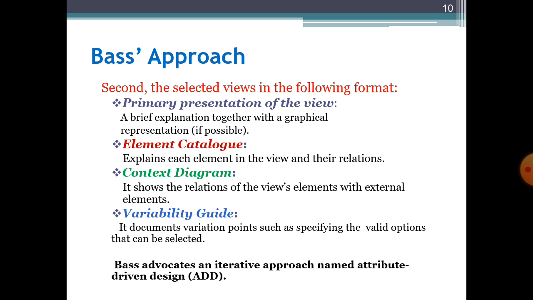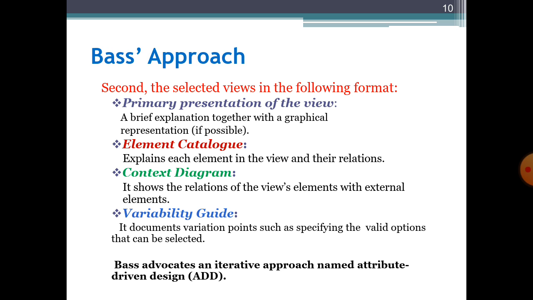And now the second part of this Bass approach provides the selected views in the following format, like the primary presentation of the view, which is a brief explanation together with a graphical representation if possible in the relevant architecture. And then is the element catalog, which explains each element in the view and the relations.